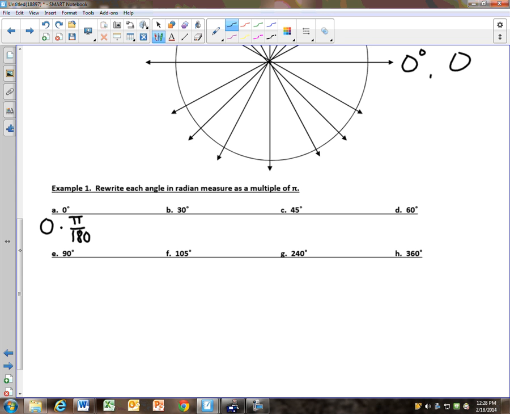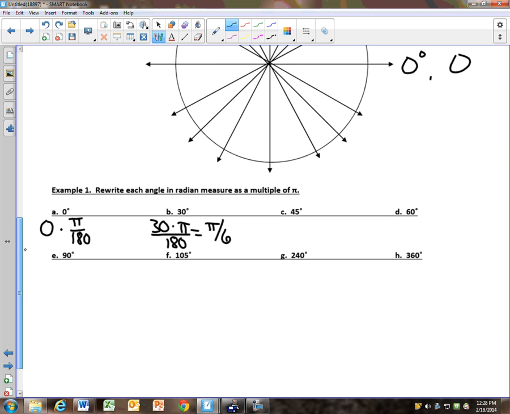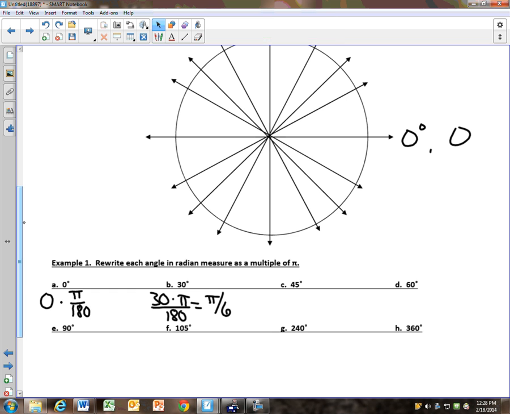I go to 30. Take 30 times pi and divide it by 180. 30 over 180 reduces to what? 1 over 6. So this ends up being pi over 6. So I go up to this spot, call it 30 degrees, or pi over 6.